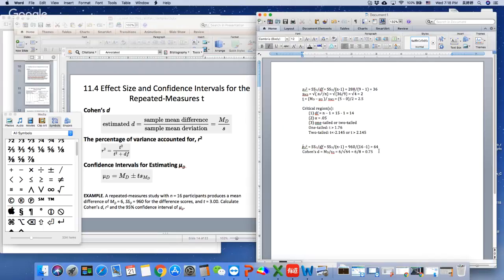To compute the R square, we need to know first the t and the df, right? The df we know is n minus 1, which equals 15.